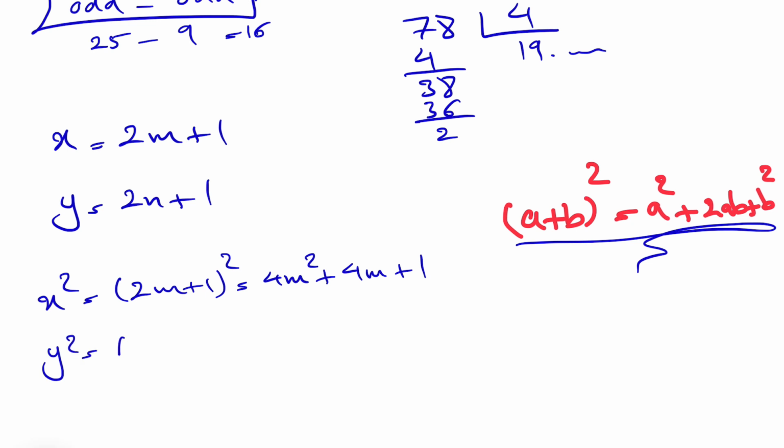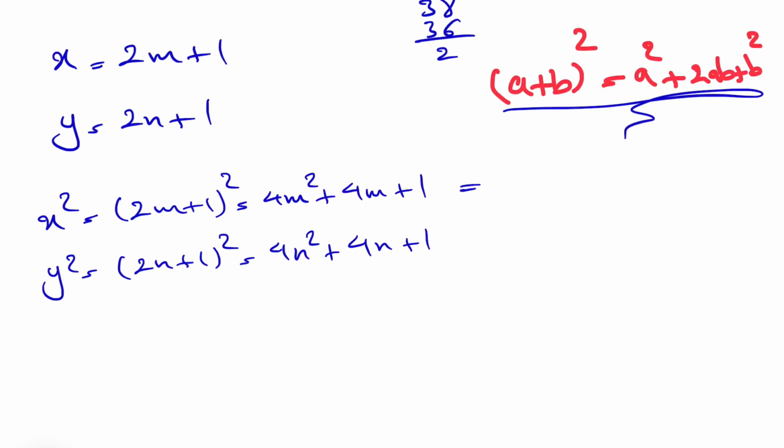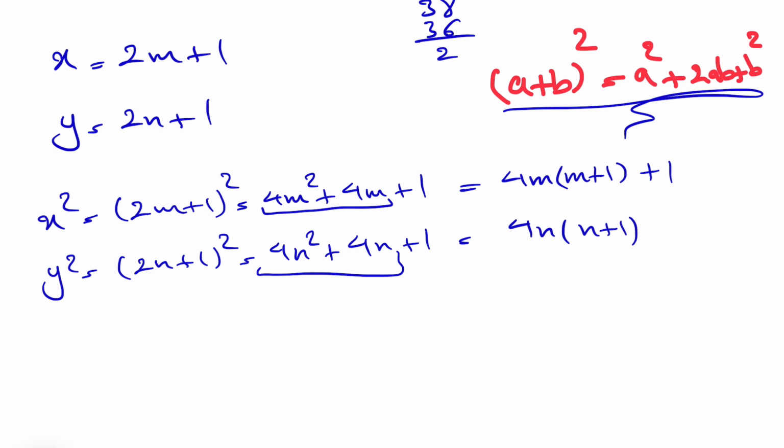We're going to have the same thing for y squared: 4n squared plus 4n plus 1. Now if we look at this, we can factor 4m, so we'll have m times (m plus 1) plus 1, and we can do the same thing for this one, factoring 4n, which will be n times (n plus 1) plus 1.